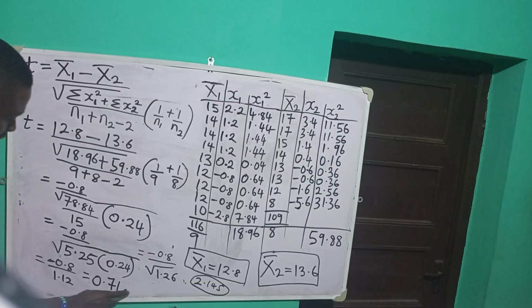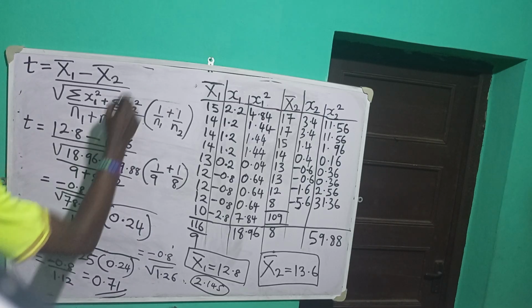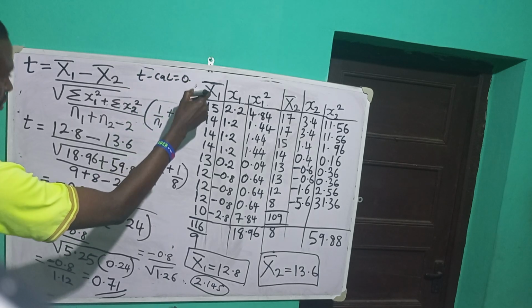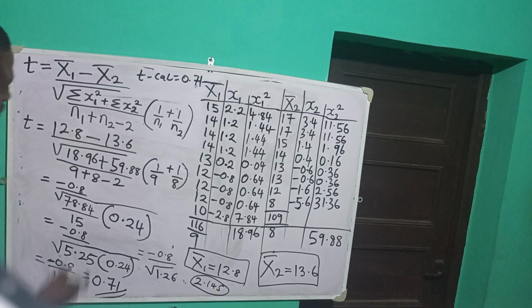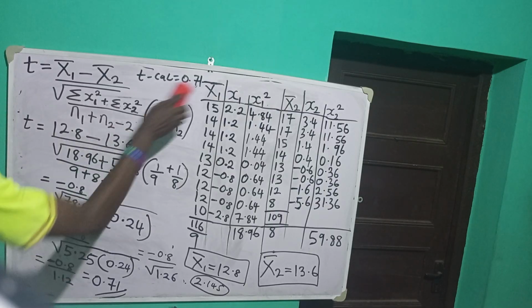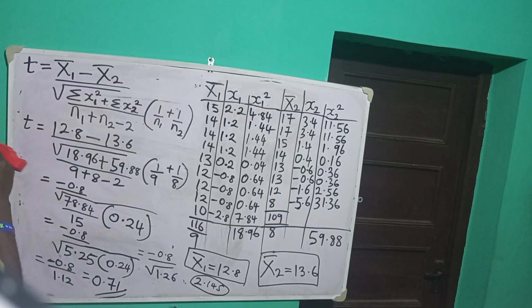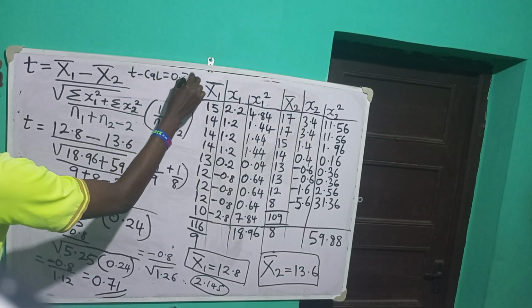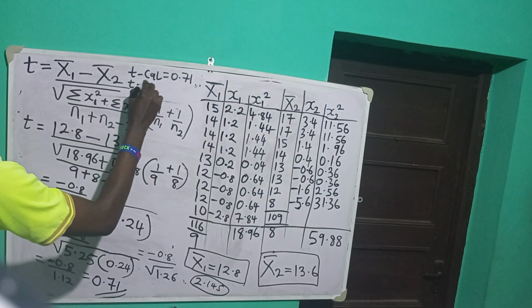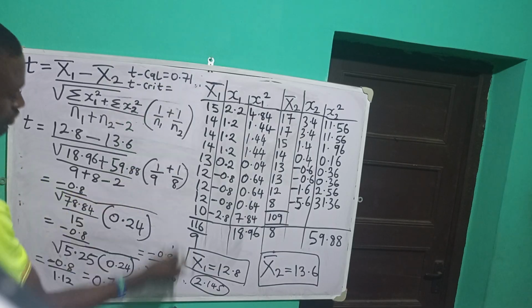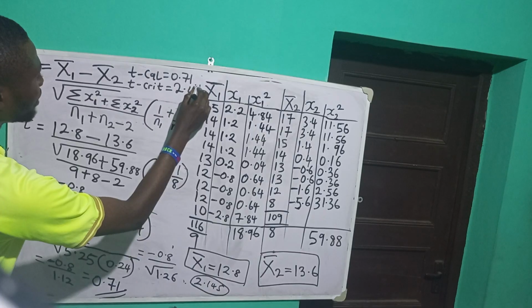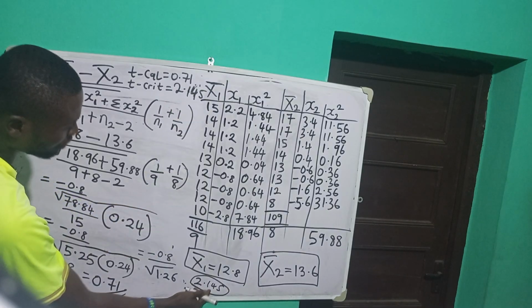So the calculated value is 0.71. The t calculated is 0.71 and the t critical is 2.145, because we are asked to take our critical value to be 2.145.